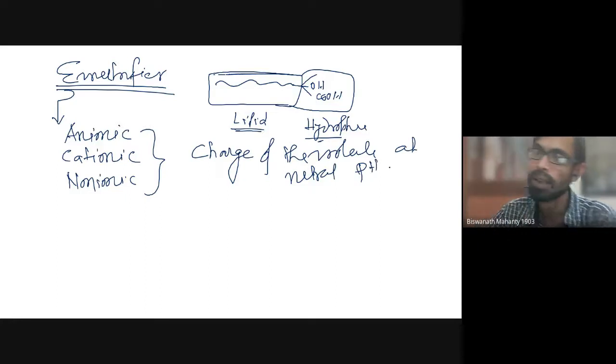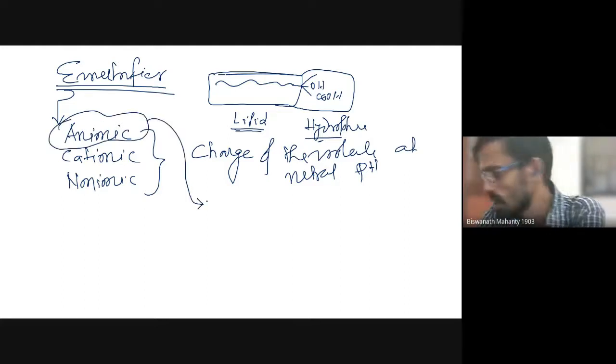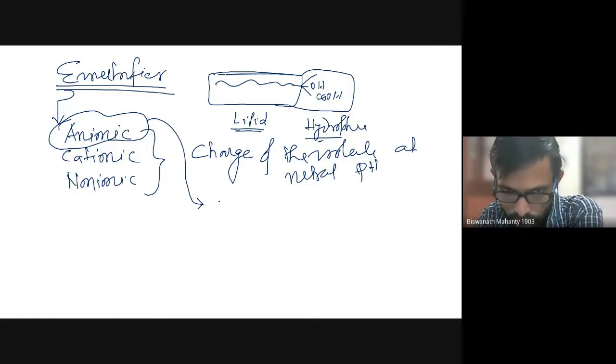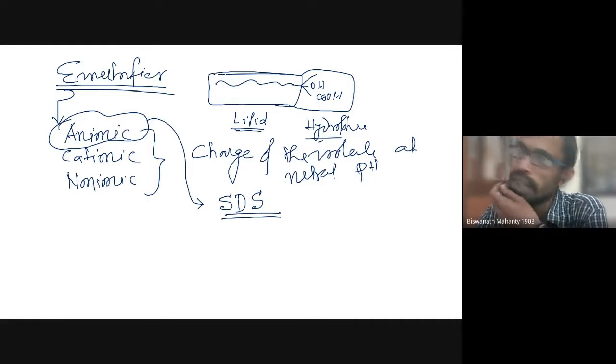So anionic groups, for example, do you know any example of an anionic surfactant that you might have used in your lab? Yes, we know. That is sodium dodecyl sulfate, SDS. It is actually negatively charged, right?